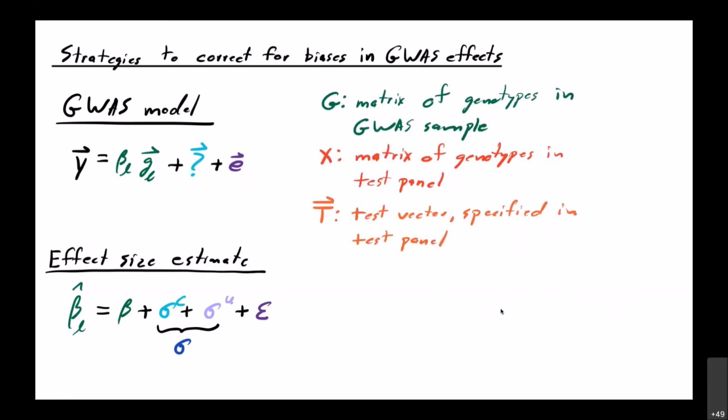So the way we'll do this is if we think about a matrix of genotypes in the GWAS sample, we have the matrix of genotypes in the test panel. And then if we think about our test as specifying some test vector, the test vector can be anything, right? In the simple examples I've been showing you, it's just been population ID.